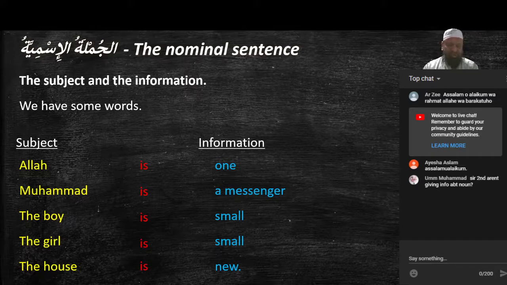The house is new. In nominal sentence in English, we add the "is" to link two words together to give us full meaning of it. So the subject is the word that we want to talk about, and the information is the information we give about that ism.